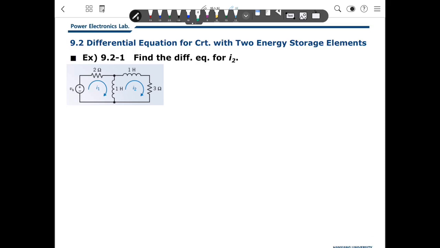The next example is a different example. We have some variables here, and we will do this using the method we described. This is example 9-1. The problem is to find the differential equation for I2.